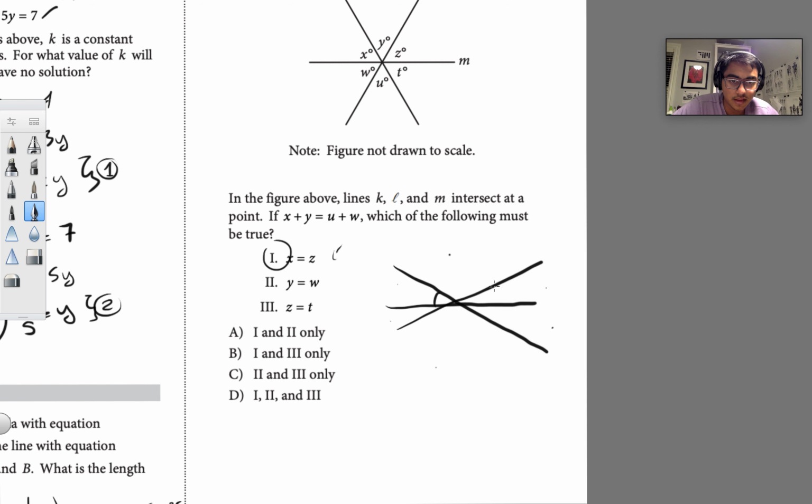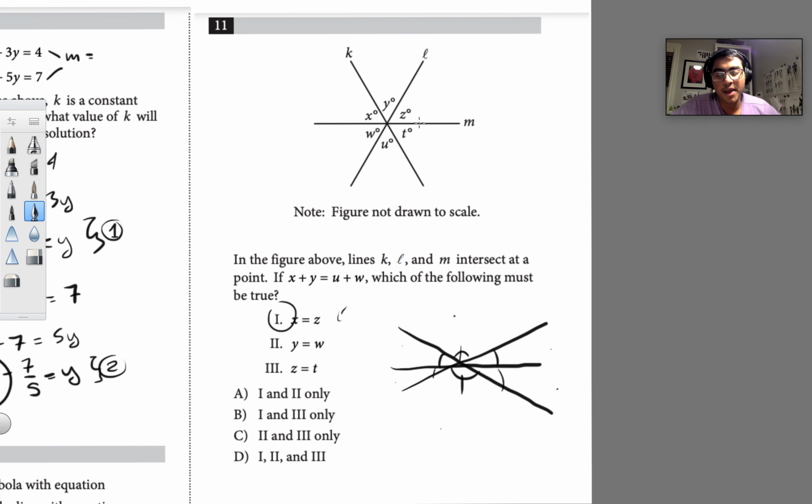Now I can easily tell that this one's equal to this one, and this one's equal to this one. So based on that, I can tell that x and z are the same.